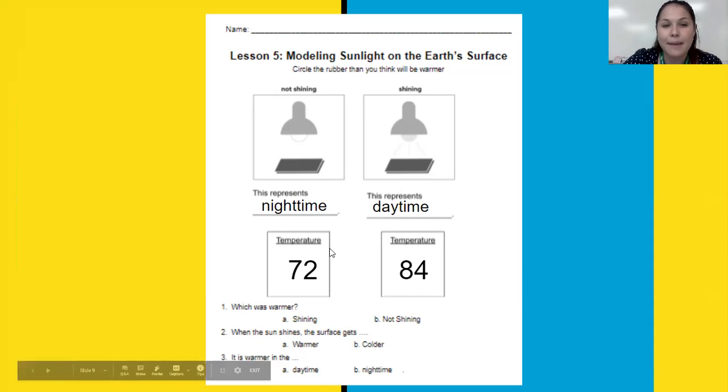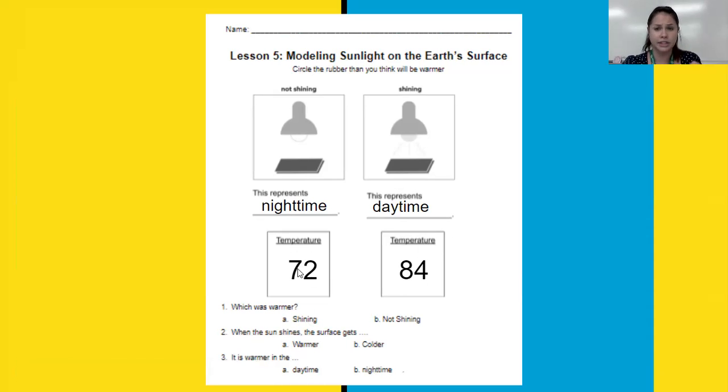I want you to think back to this model where the not shining light was 72 degrees, a colder temperature than the shining light, which was 84 degrees to show the daytime. Head over to the classwork tab, answer these questions, and keep it in your brain for next week.